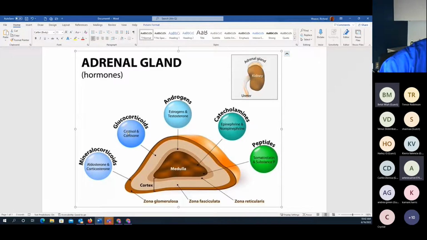Because you're producing a lot of ACTH, the adrenal cortical hormones, all right, the ACTH. So you're producing a lot of this in Cushing's disease, it's hypersecretion. What do you guys think your blood glucose levels will look like?